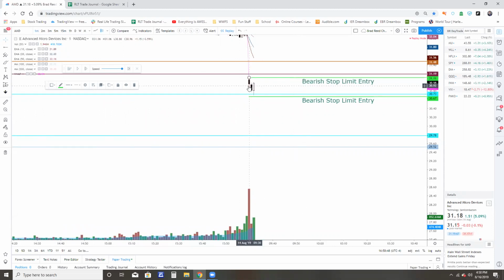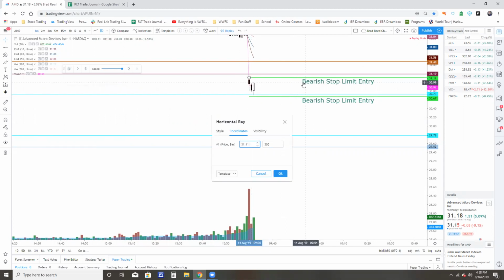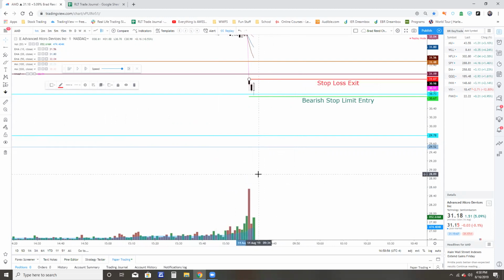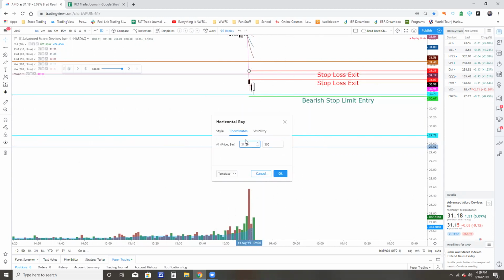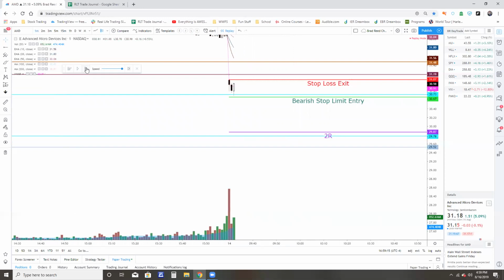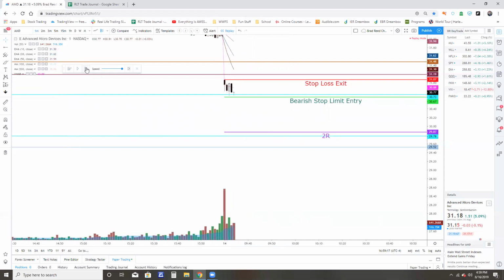And the high of this candle is 31.06, so I'll make it 31.07 for my protective stop. 30.67 to 31.07, that's 40 cents of risk, so 80 cents of reward will be 29.87, where 2R is. Since that's just a little bit above that support, I'll just take it all if I hit 2R. All right, push the button.